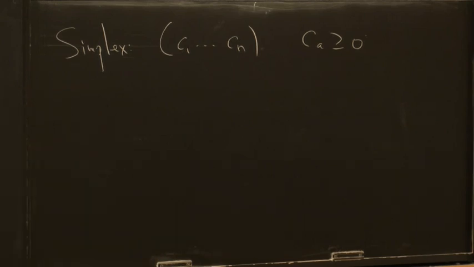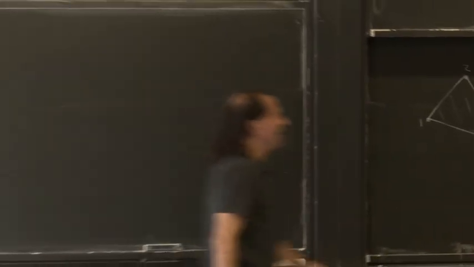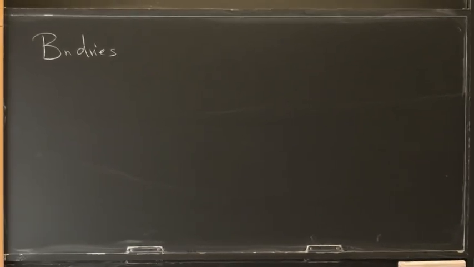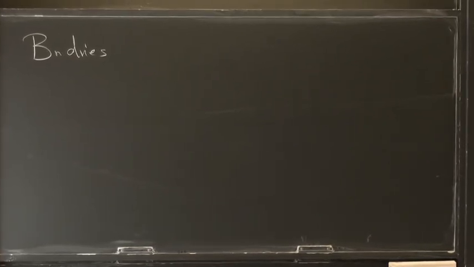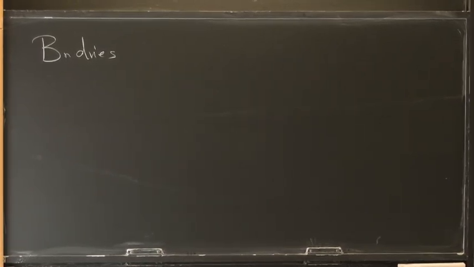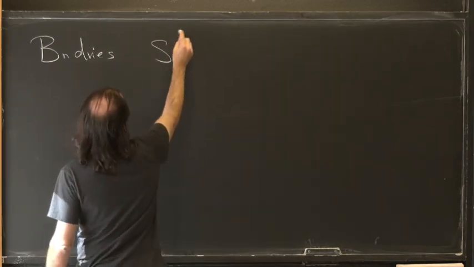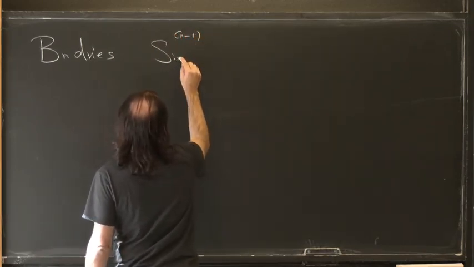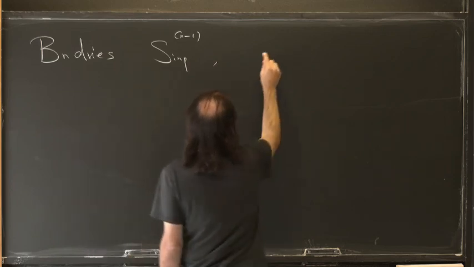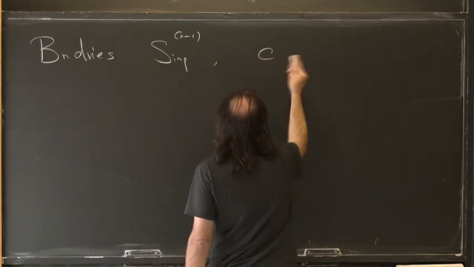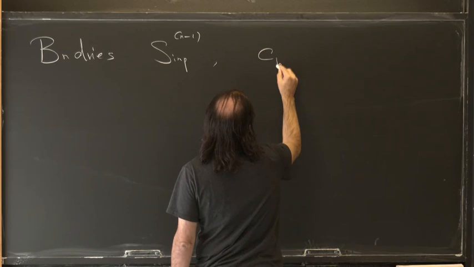And what are the boundaries of a simplex? We can call this an (n-1)-simplex. The boundaries of the (n-1)-simplex are just where I set any of these C's to 0.